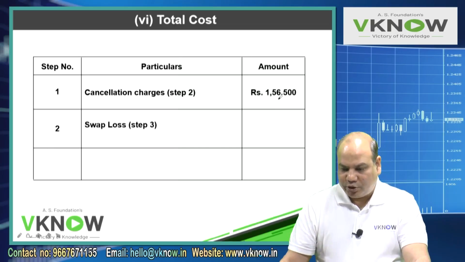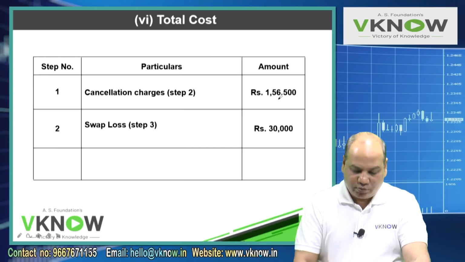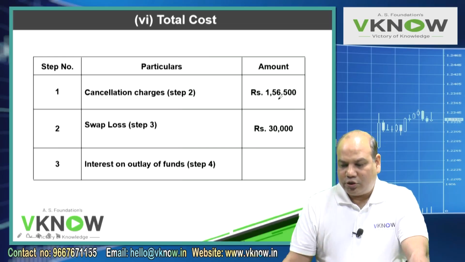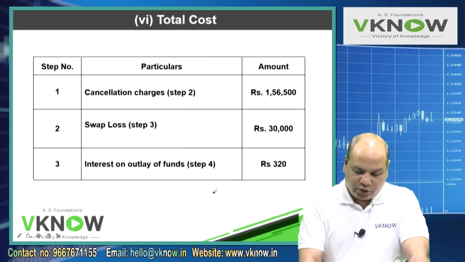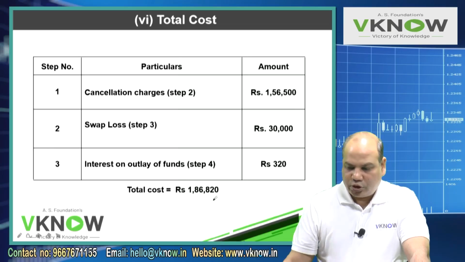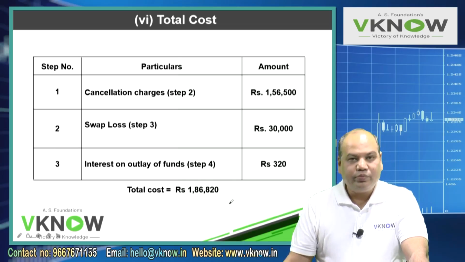Will come to next point, swap loss, step 3, plus 30,000, again plus, and then interest on outlay of fund, step 4, plus 320, equal to. So now you will get your total cost, 186,820.